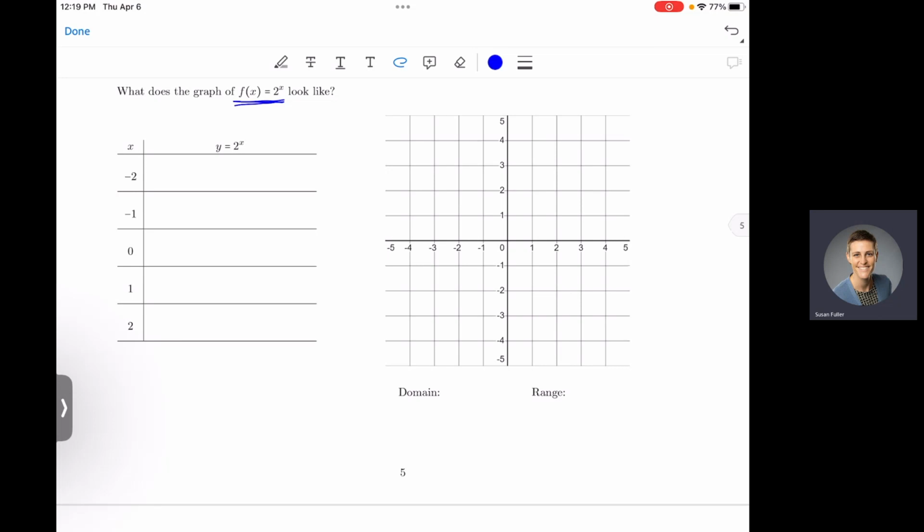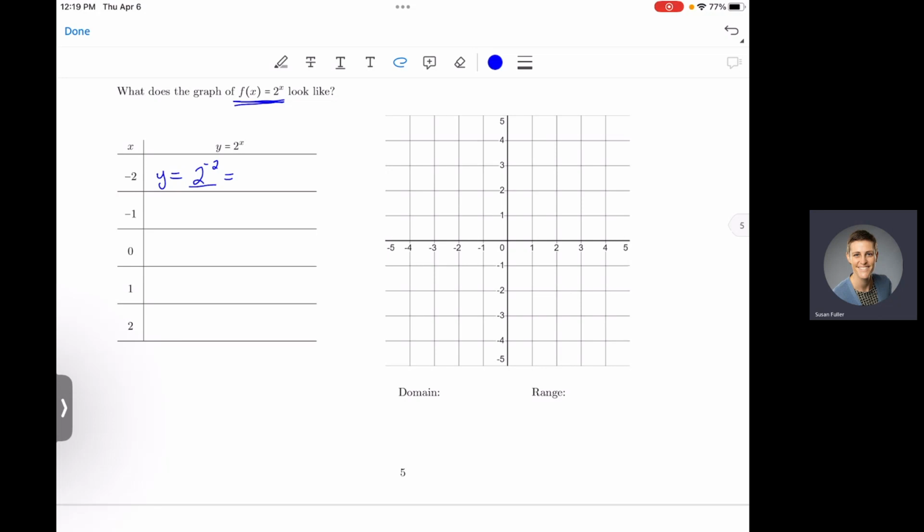So if x is negative 2, then my y value is going to be 2 to the x power, and x is negative 2 here: 2 to the negative 2 power. Recall that a negative exponent gives you a reciprocal. If you have a negative in the exponent, it basically means you can't stay here, you're being evicted, you got to move.